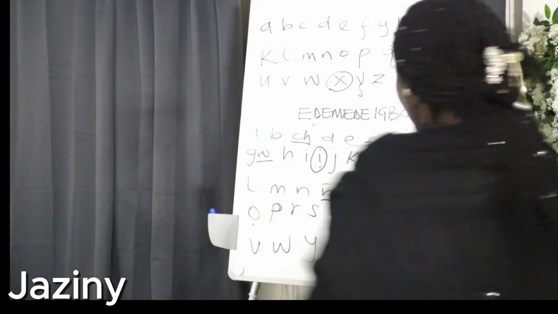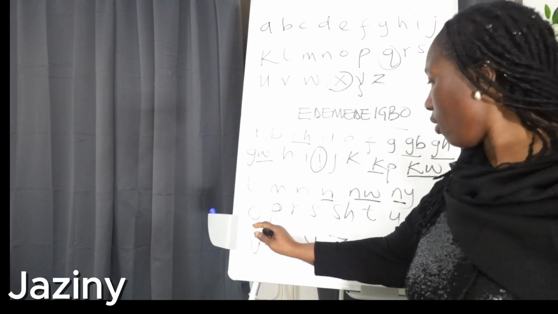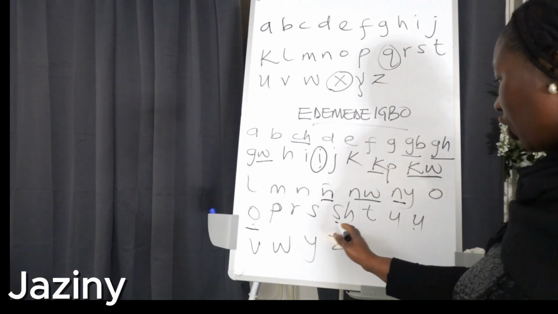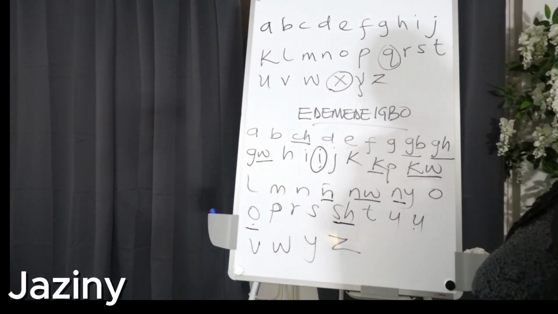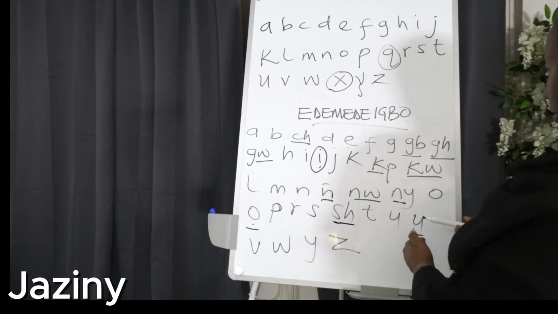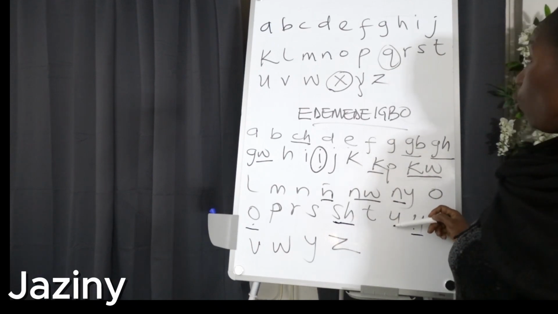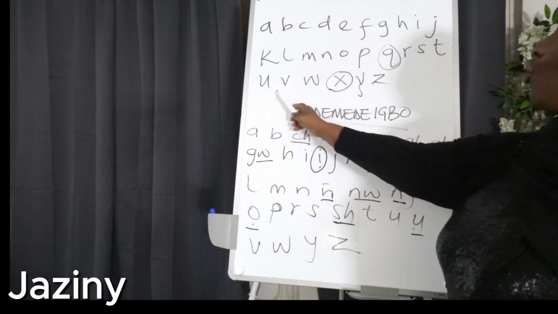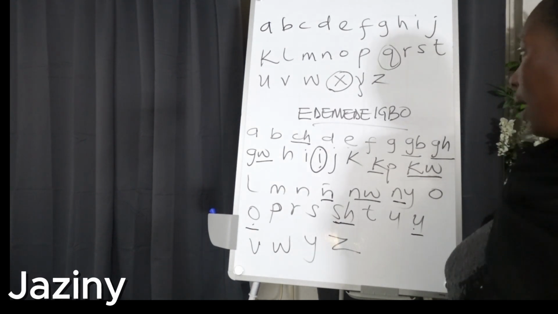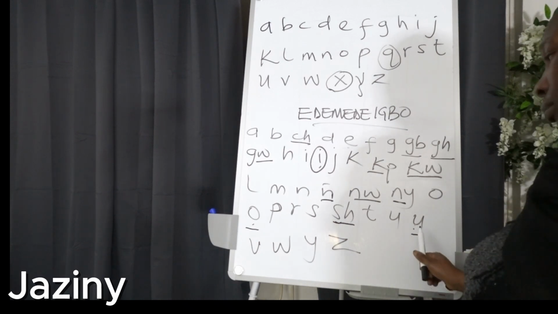We have o. We have she. We have o. And then listen to this. This is U letter, but we say U. This addition is pronounced O with a dot under.